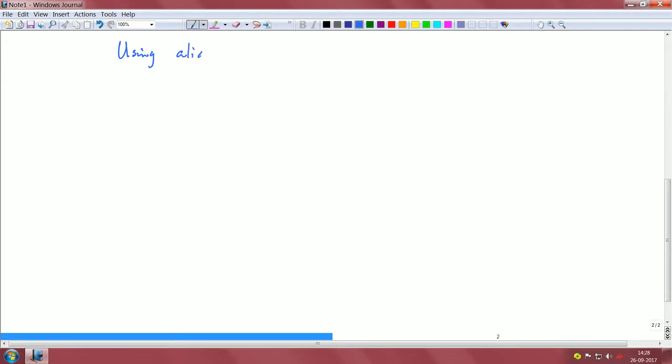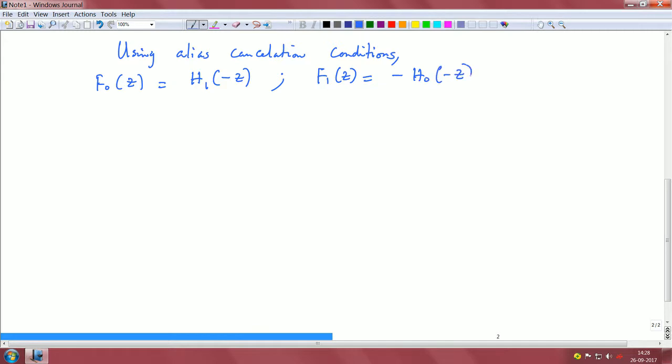Using alias cancellation conditions, we have f naught of z is h1 of minus z and f1 of z is minus h naught of minus z.